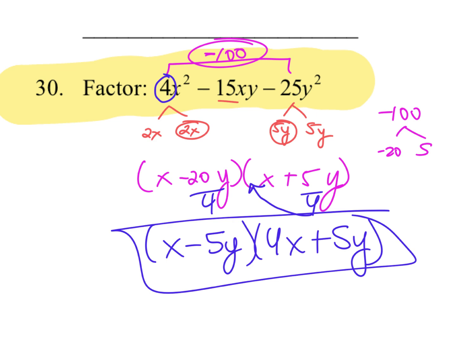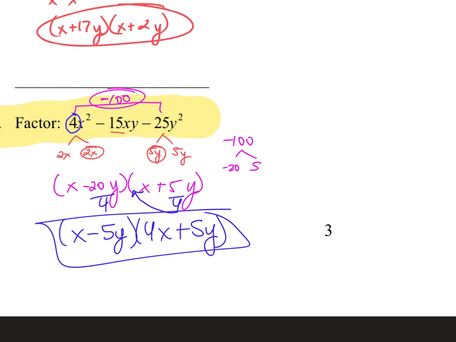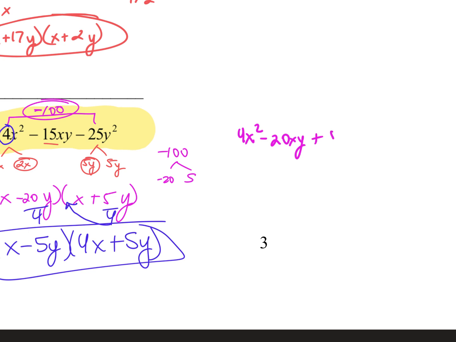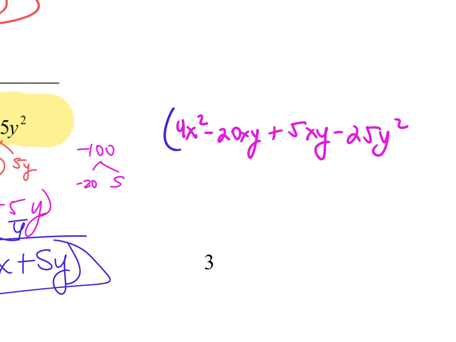Now, if you want to do it the grouping way, no problem. I'll do it over here so you guys can see it. So I have my 4x squared, I have minus 20xy plus 5xy, and then end with your last term, minus 25y squared. So when we group first two, second two, what can I take out of 4x squared and negative 20xy? What can I take out of that first group? 4x.